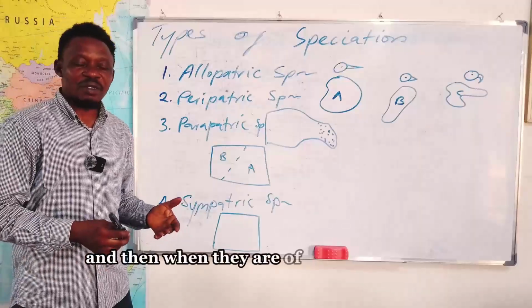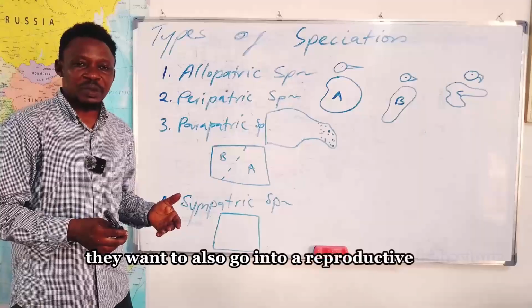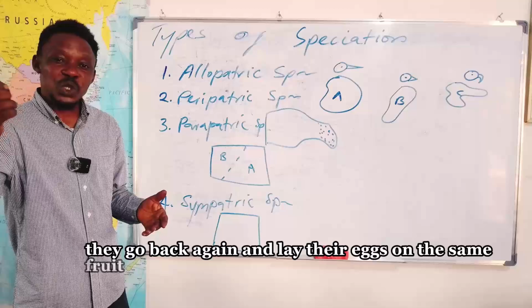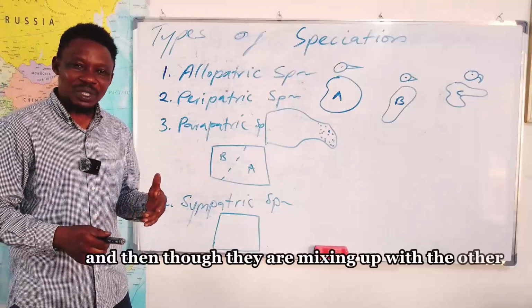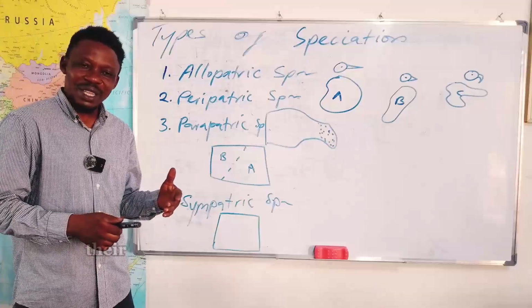And then when they are adults, they want to go into reproductive behavior. They go back again and lay their eggs on the same fruit B. And then, though they are mixing up with the others in the population, certainly they know their kind.